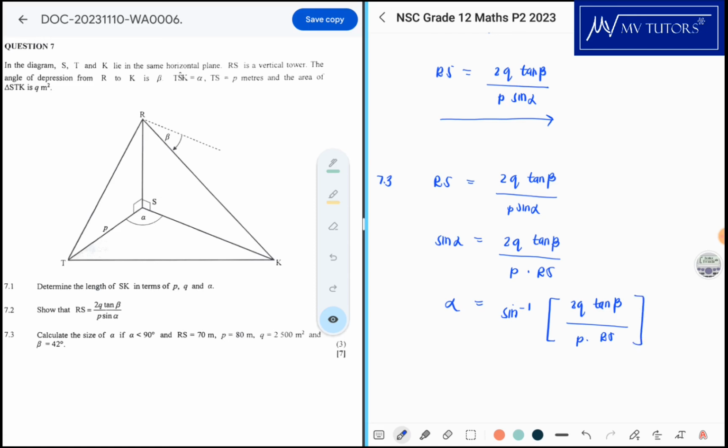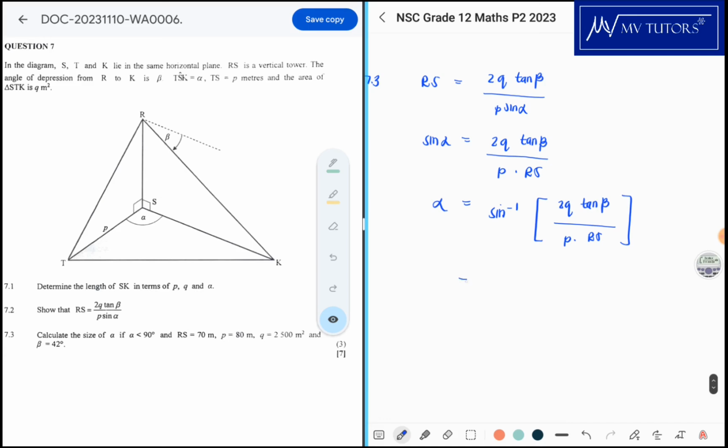Okay, now we can put everything together, or substitute. In the place of Q, we have 2,500. So 2 times 2,500 times tan, and beta is 42 degrees, divided by P, which is 80, times RS, and RS is 70.